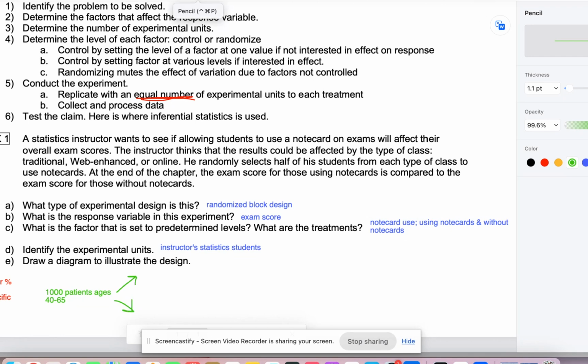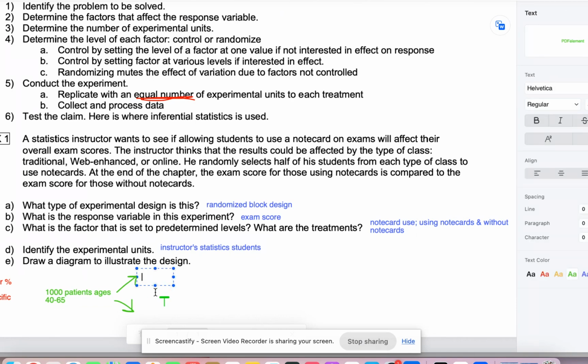And so I would draw little lines, and then I would say, okay, what are the two groups? Be specific with the numbers. So let's say we were able to get this pretty close to half and half. So let's say I had 505 in the placebo, and I had 495 in the medication, right? So this is kind of how you would set it up if it were completely randomized.